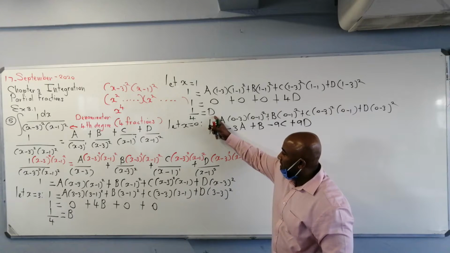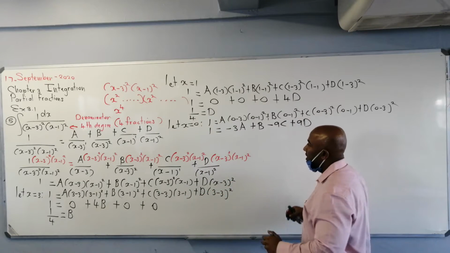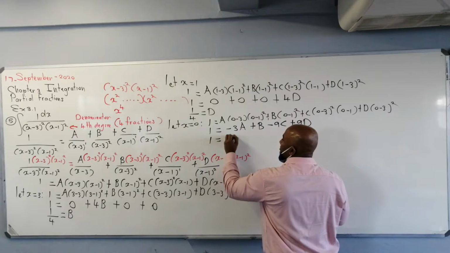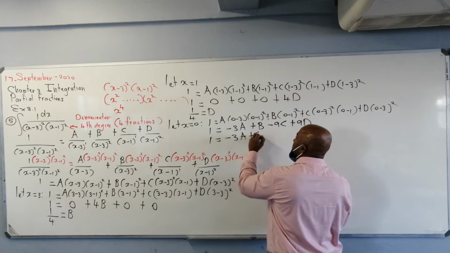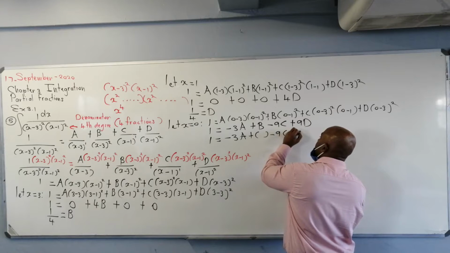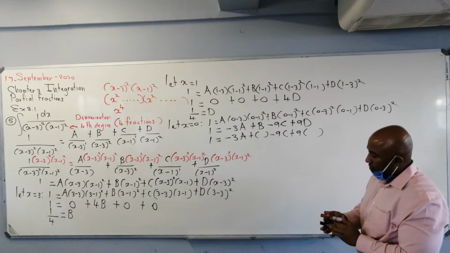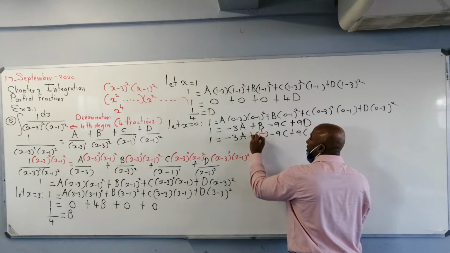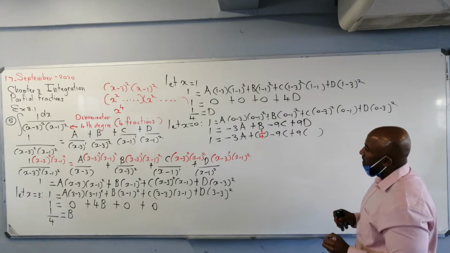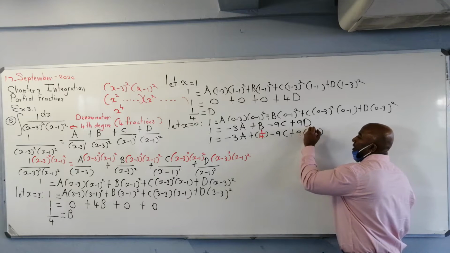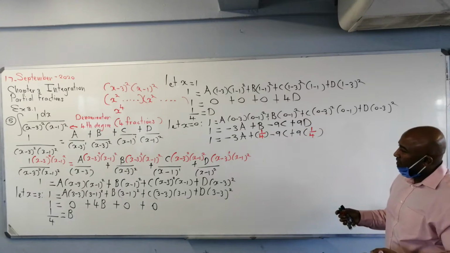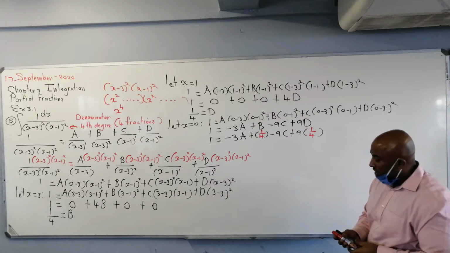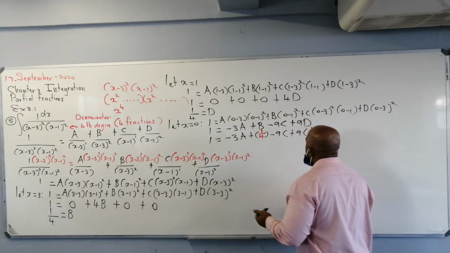Alright, so now what do we already know? We know the value of d and we know the value of b. So let's substitute it. Right, so what is b? b is 1 over 4 and d is also 1 over 4. And then we now can make our equation in terms of a and c.